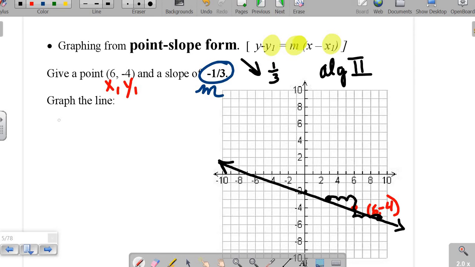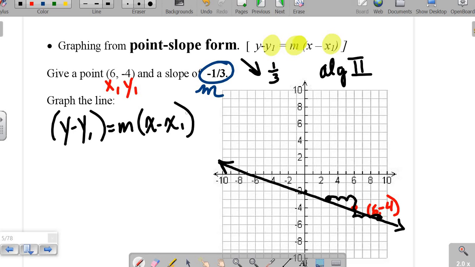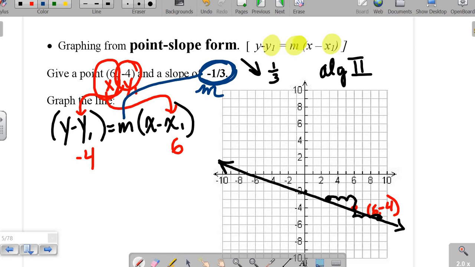So the point slope equation of a line, here's your equation. And in this case, I'd like you to circle the 6. That's going to go right here. Circle the -4. Circle the slope.